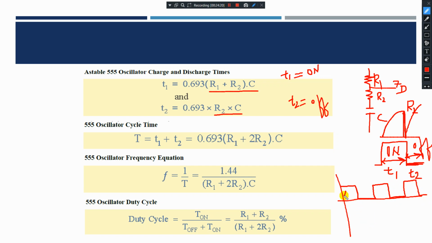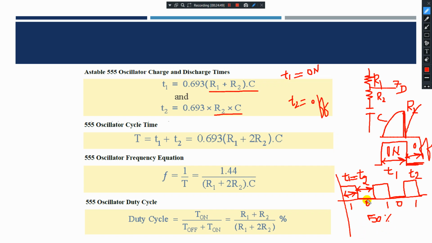Just observe the width of T on and T off. 1, 0, 1, 0, 1, where 1 is on and 0 is off. So the T1 time duration is equal to the T2 time duration. This is a 50% duty cycle.